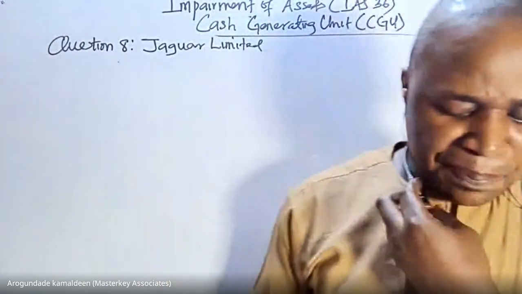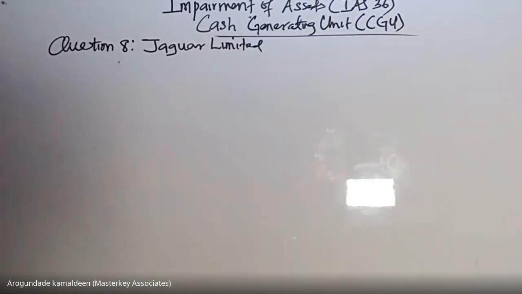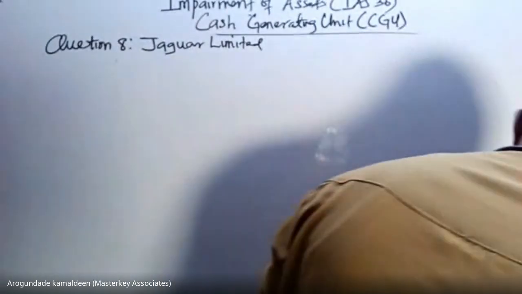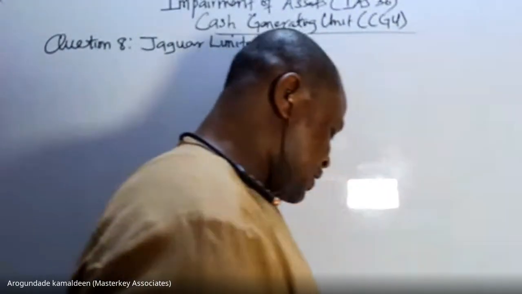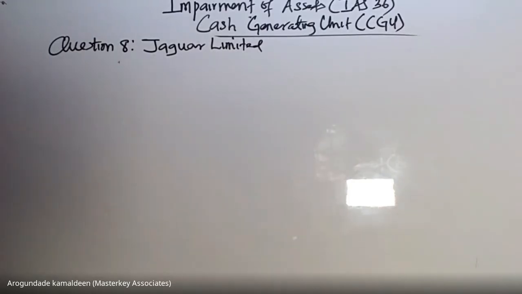Now, at an impairment test on 31st December 2000, Jaguar Limited concluded that one of its CGUs has been impaired. The recoverable amount of the CGU was 970 million, while the carrying amount of the CGU as at 31st December 2000 is shown below.